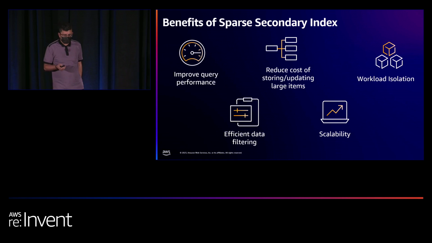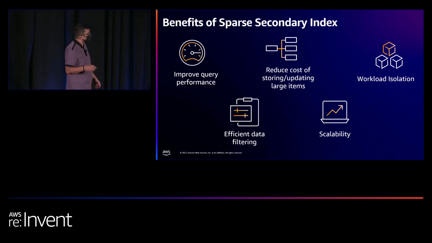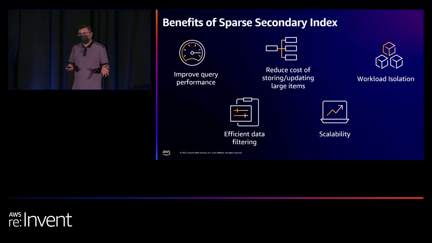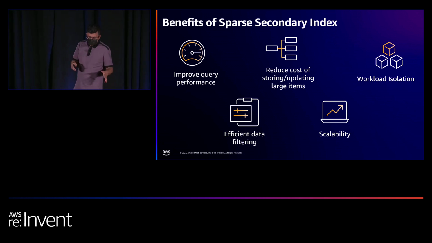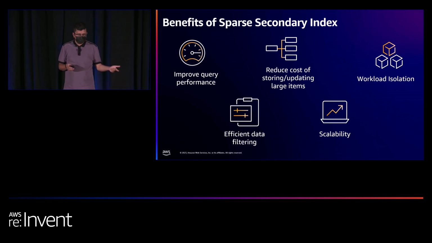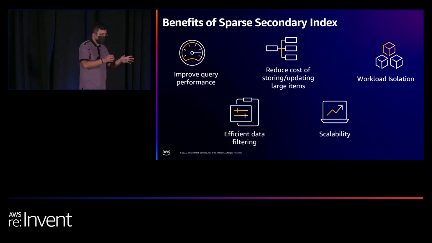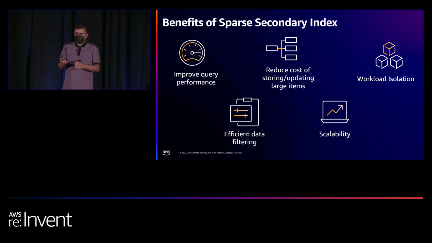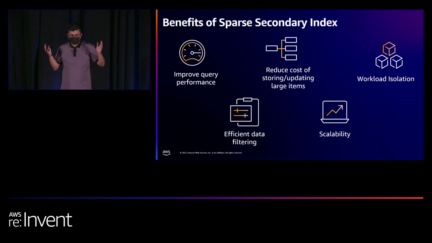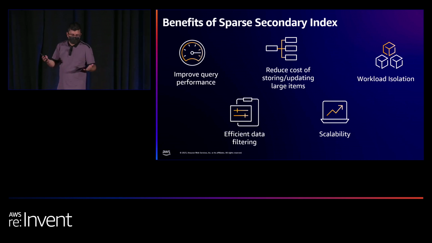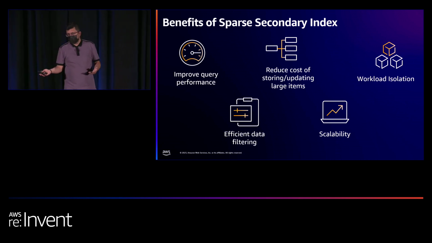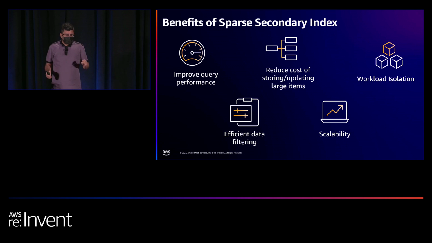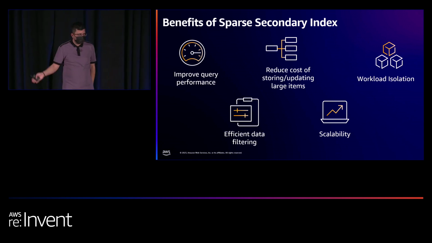Now, benefits of sparse secondary index, very similar to what we saw for global secondary indexes: query performance is improved because you are specifically projecting things that your application cares about in your sparse index. You read smaller items, because if you have a 20 kilobyte document, you don't have to project everything in your sparse index, and you reduce your cost and get workload isolation.